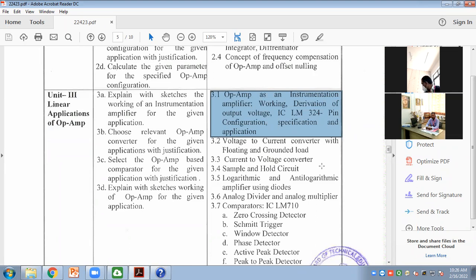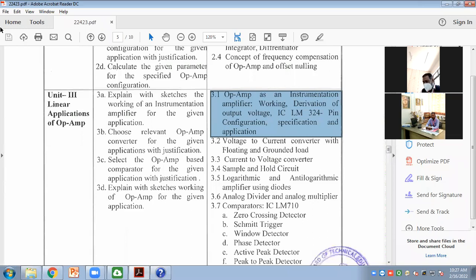Under instrumentation amplifier, we will study the uses of the instrumentation amplifier, the working of the instrumentation amplifier, the derivation of output voltage, the IC LM324 configuration, then the pin configuration of IC LM324, then the specifications and applications of IC LM324.